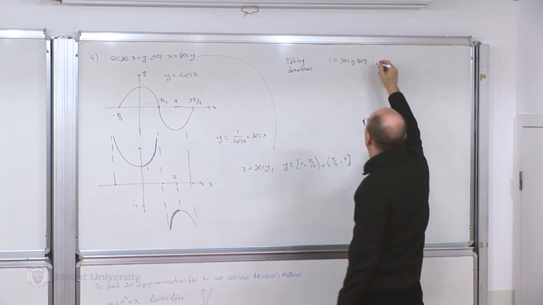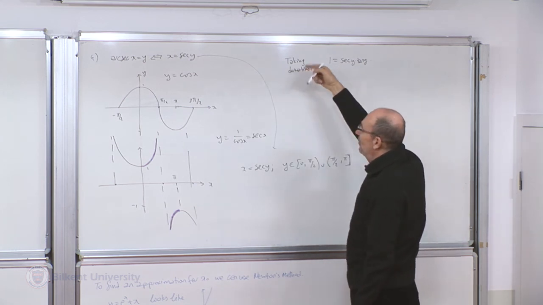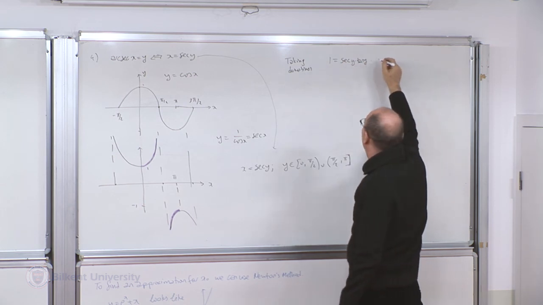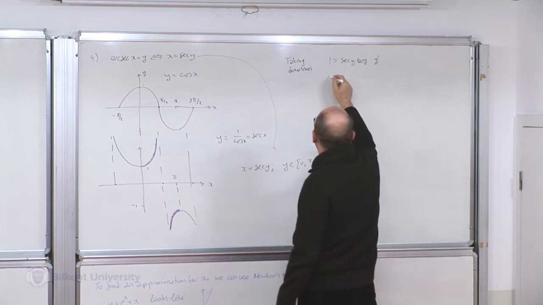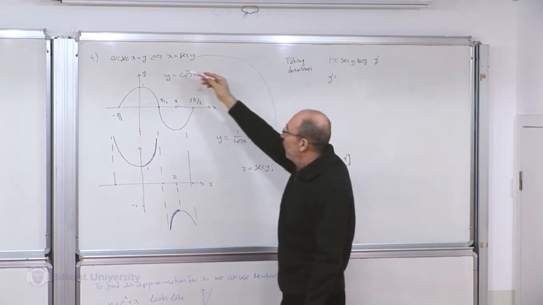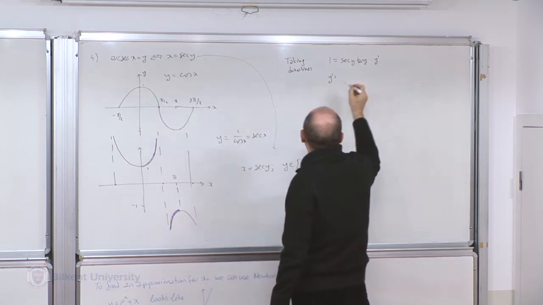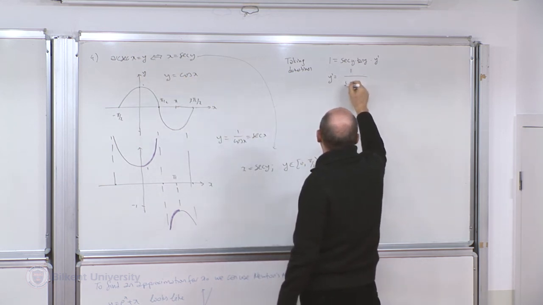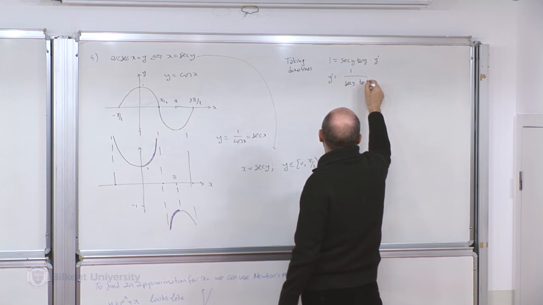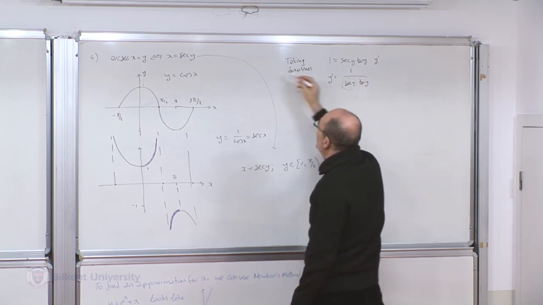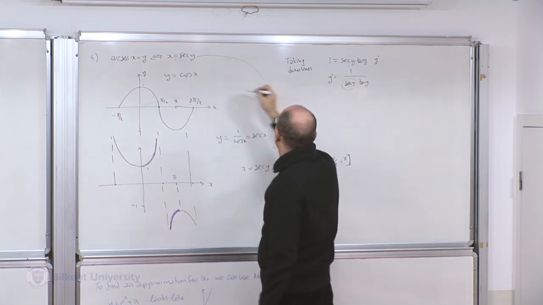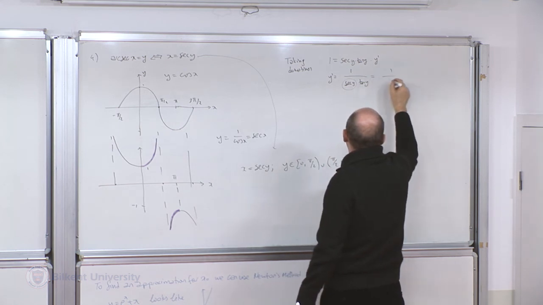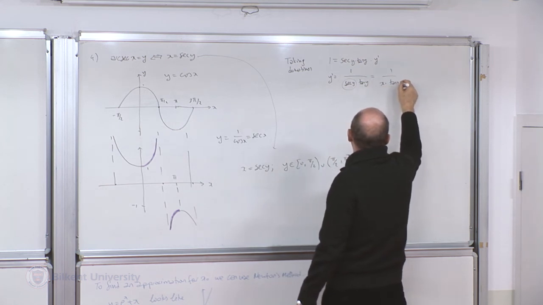So let's continue. By chain rule, we have to take y prime. So y prime, the derivative of arcsecant x, is equal to 1 over secant y times tangent y. Secant y is easy. That's already x. So this is equal to 1 over x times tangent y.